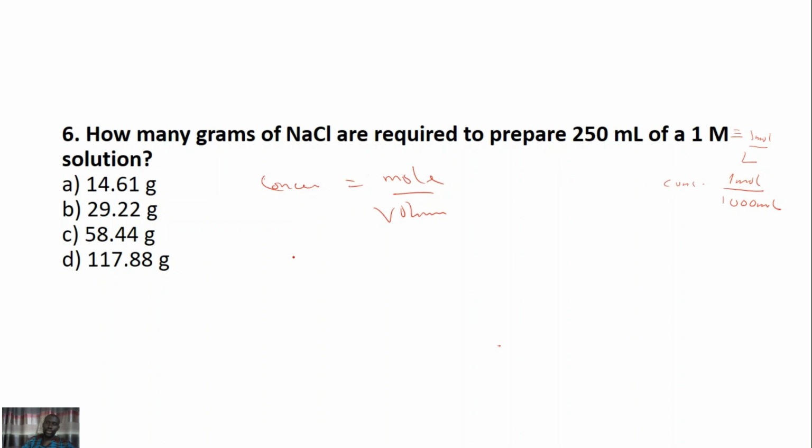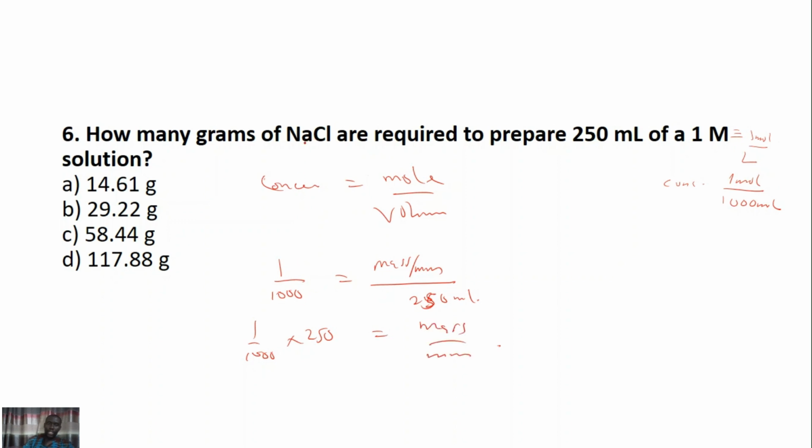Let's replace it in this equation, and that will be 1 over 1000 equals the mole, which is mass over molar mass, divided by the volume, which is 250 ml. If we bring this one here, it will be 1 over 1000 times 250, which is equal to mass over molar mass.